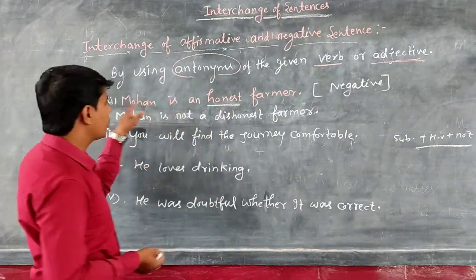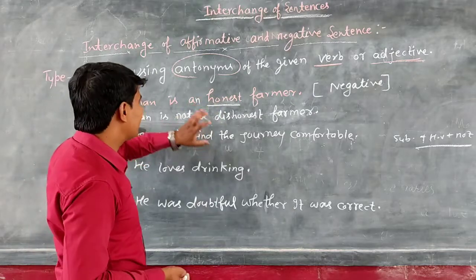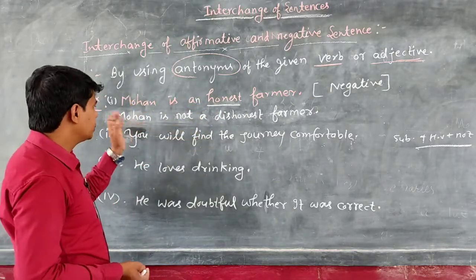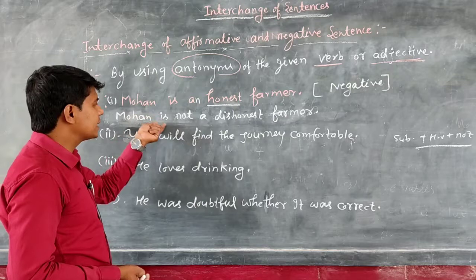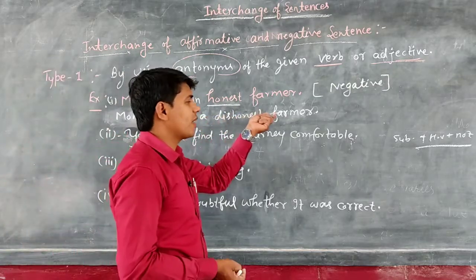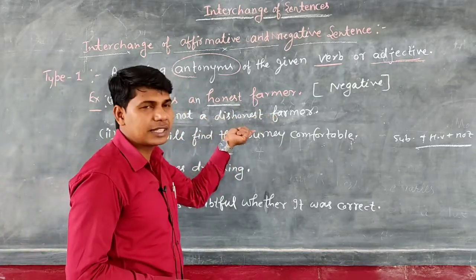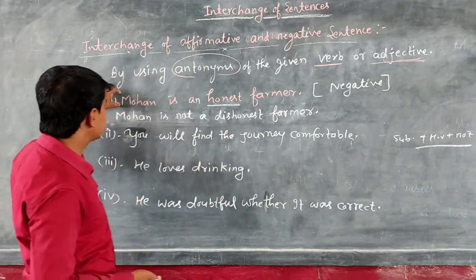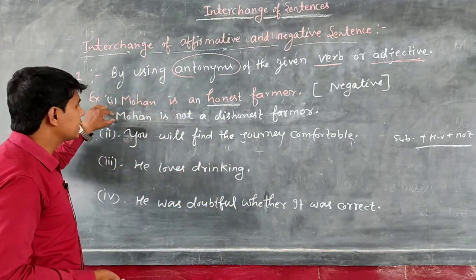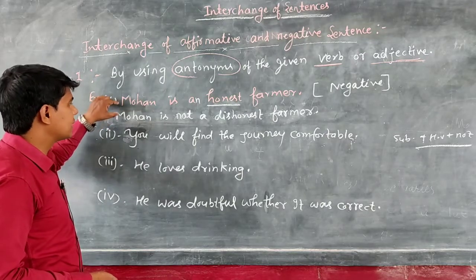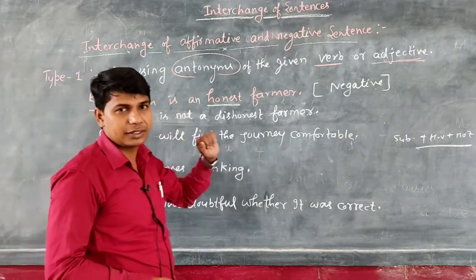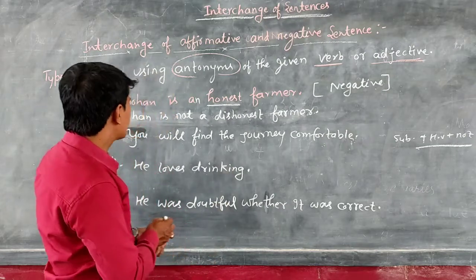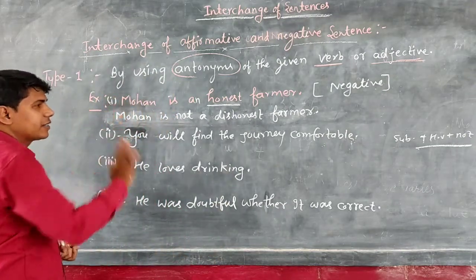So the sentence Mohan is an honest farmer, when changed into negative, becomes Mohan is not a dishonest farmer. If Mohan is not dishonest, then what is Mohan? Mohan is honest. So the first sentence and the negative sentence carry the same meaning. I hope you have got example first very well.